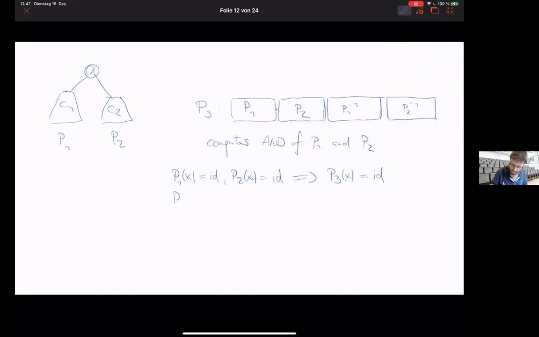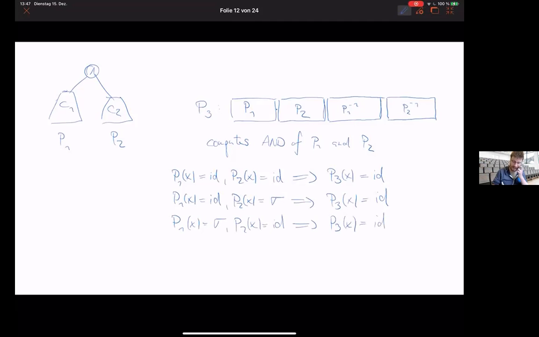Same thing if P1 of x equals identity and P2 of x, let's say, is sigma, then P3 of x should still be identity, right? 0 and 1 is still 0. Again, if P1 of x is sigma and P2 of x equals identity, then P3 of x should be identity.